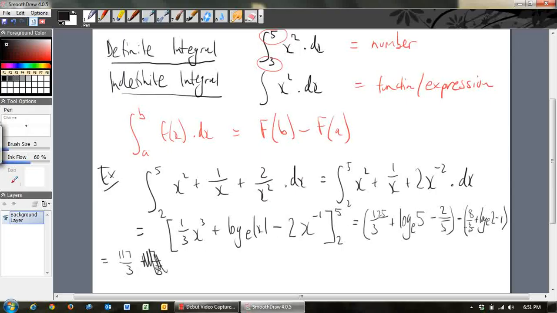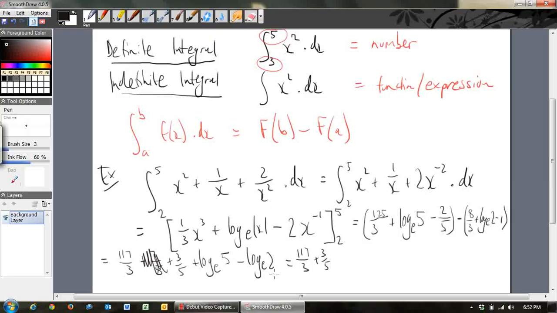So I've got minus 2 fifths plus 1, so that's plus 3 fifths. And then we've got plus log e 5 minus log e 2. Now I'm just going to leave this for now. You can add those two together if you've got a calculator.